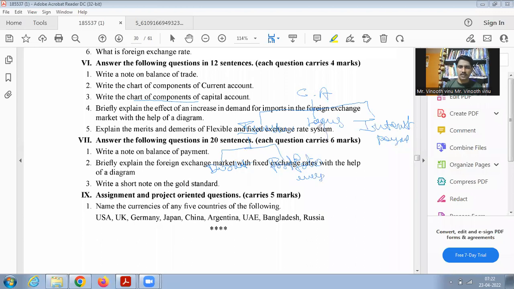Loans or borrowings, rendered and received. Interest payment, received and paid. Both are maintained. Okay, current account closed.